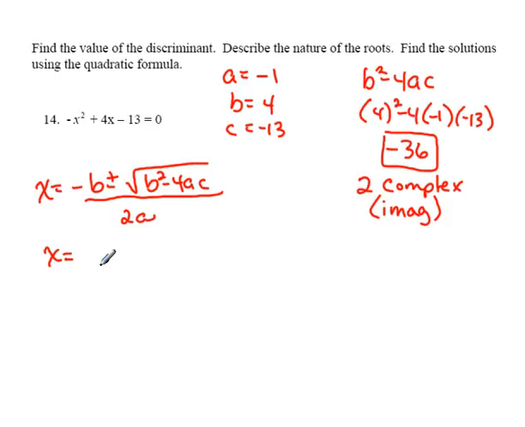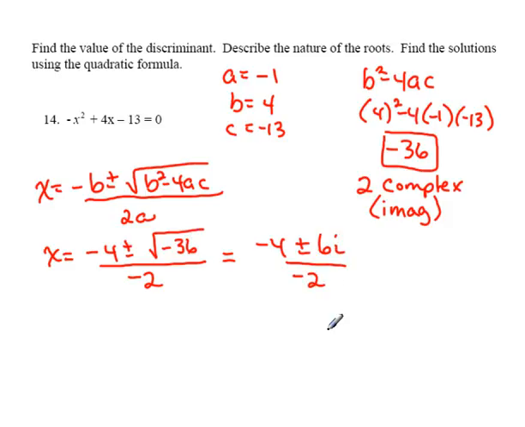So x equals -4 plus or minus the square root of the discriminant all over 2 times a. Okay, we'll look to see if we can simplify. Well, yes, the radical must be simplified, and that's going to simplify to the i comes out, and the square root of 36 is 6, so that'll be 6i all over -2.